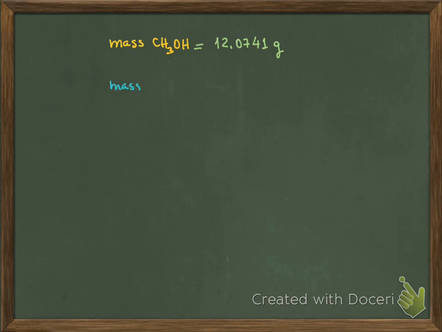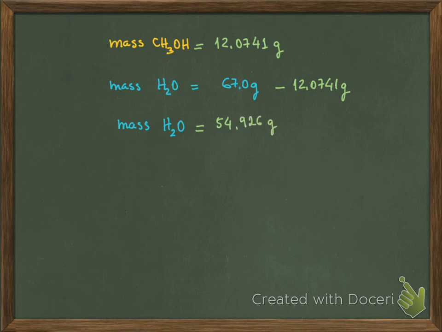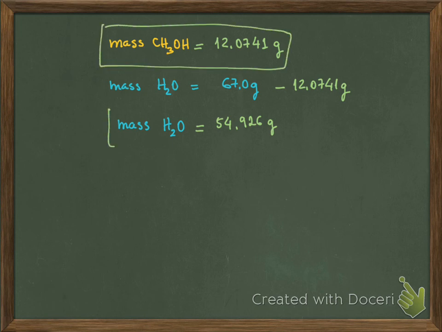So the mass of water is the whole thing minus the 12.0741 grams. The mass of water is therefore 54.926 grams.